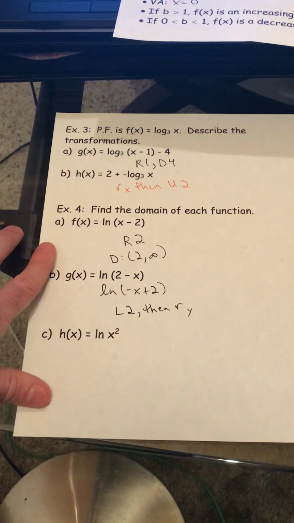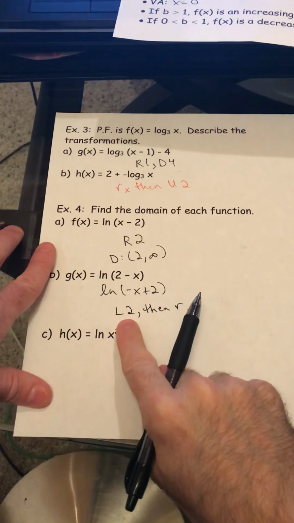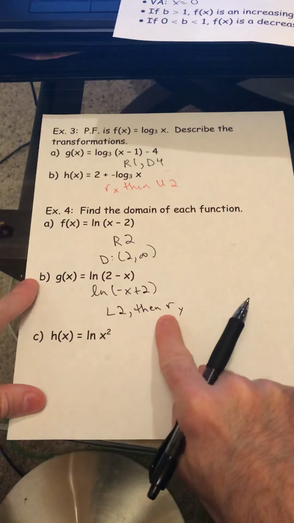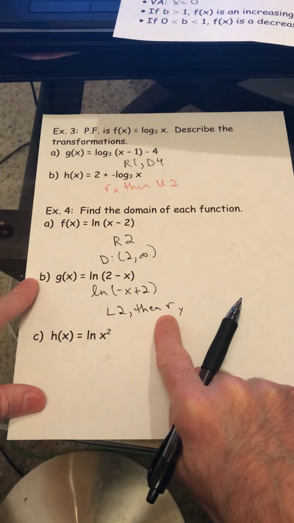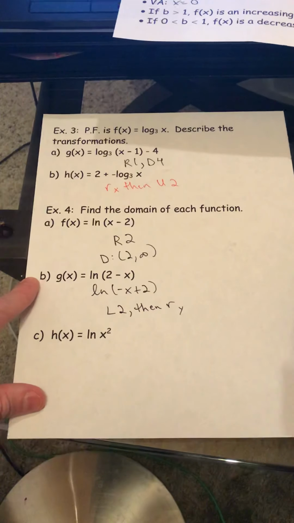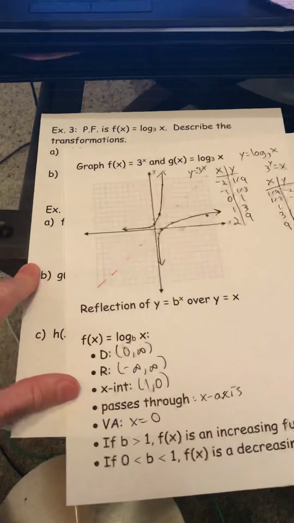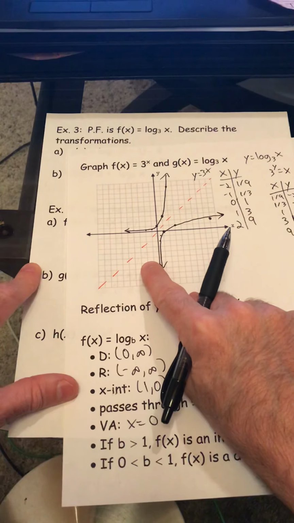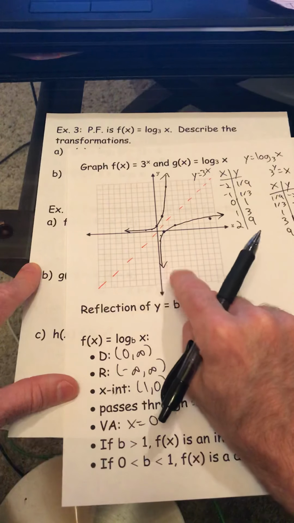If you remember going back to transformations I talked about, the first thing I always do is horizontal shift, then any reflections, last thing, up or down. So, if we shift this left 2 and reflect it over the y-axis.